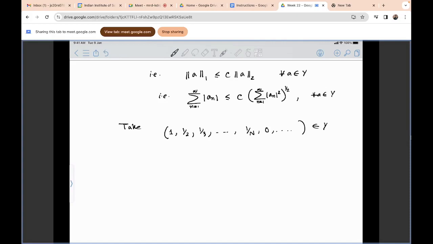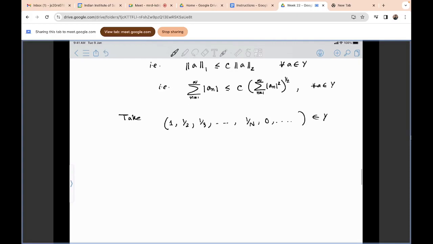Because this is 0 after finitely many terms, so this is finite with respect to the L2 norm. So this is in Y. So put this in this equation, putting this in the star equation, we have the summation n equals 1 to n of 1/n should be less than C times the summation n equals 1 to n of 1/n squared.